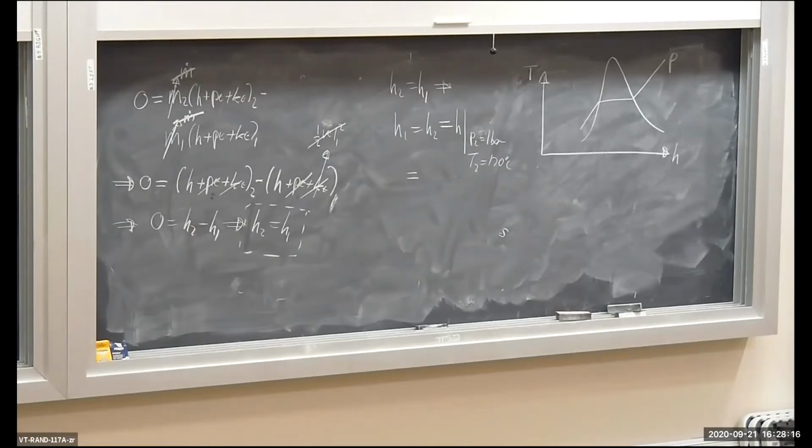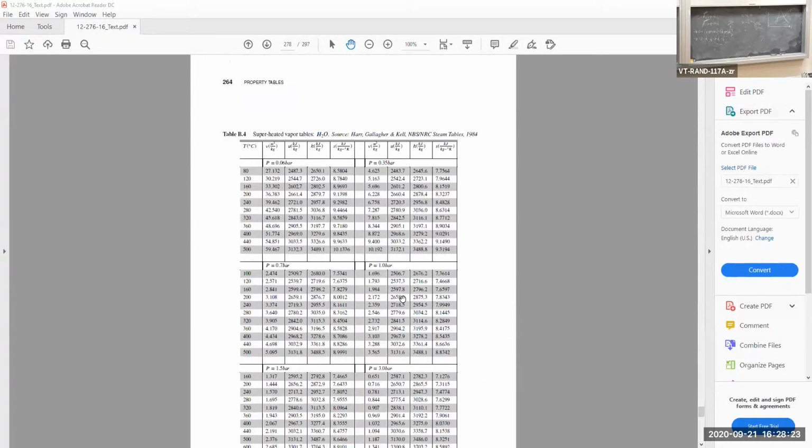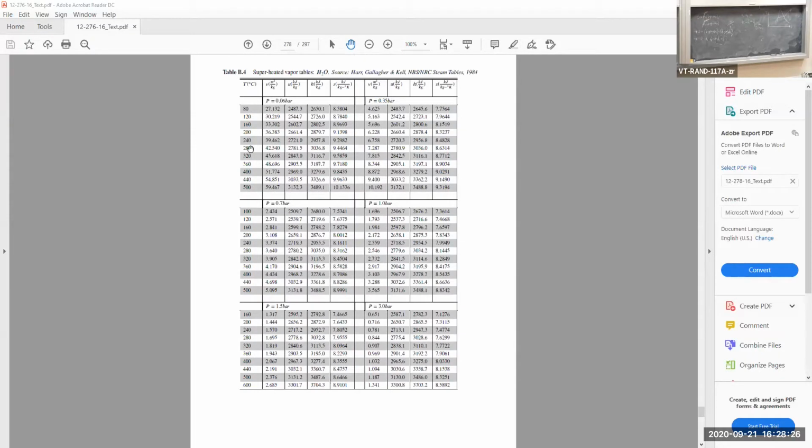At 1 bar, 120 degrees, specific volume, internal energy, enthalpy, 2716.6 kilojoules per kilogram. Okay, 2716.6 kilojoules per kilogram.